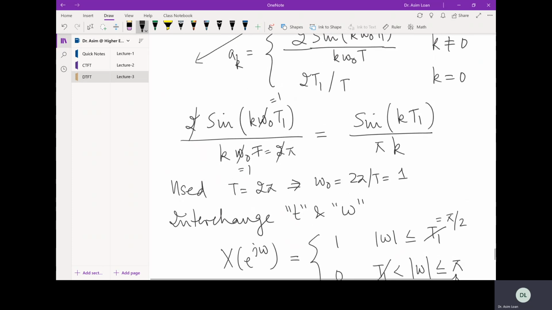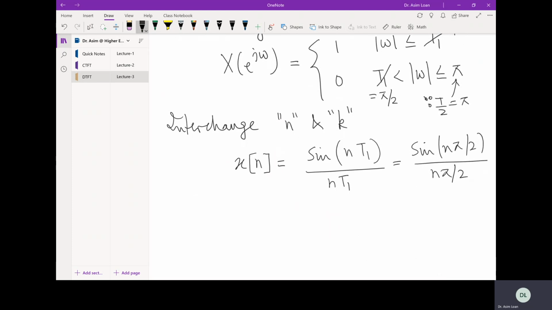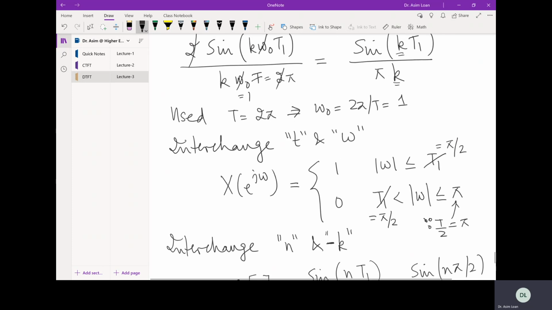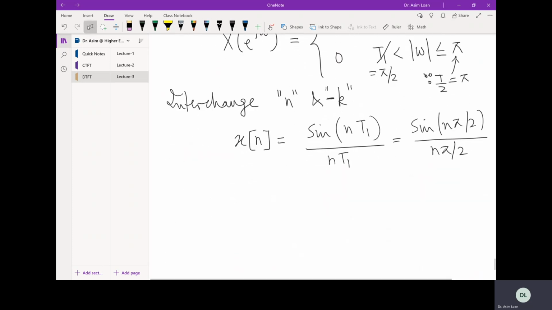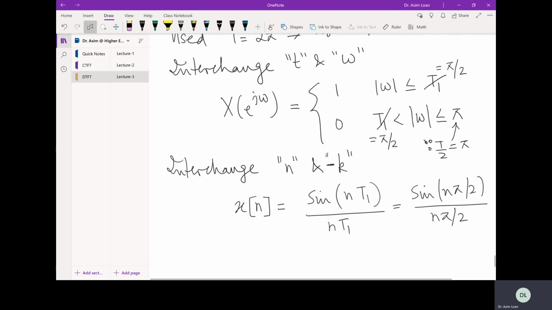This is because k is now replaced by n. We could interchange n and minus k, or minus n and k. Sine is odd, so we get the same result. It's one and the same thing.